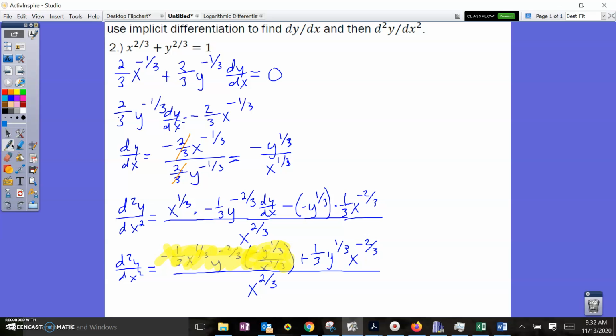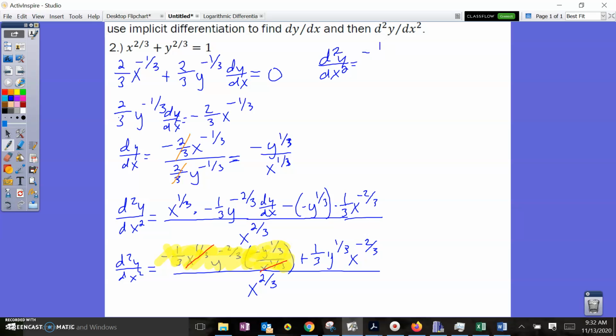What I can do there is, since I have an x to the 1/3 in both numerator and denominator of this term, those will cancel each other out. And then I can combine the y's by just adding the exponents. So I'm going to go up to the top here. Combine those by adding the exponents.